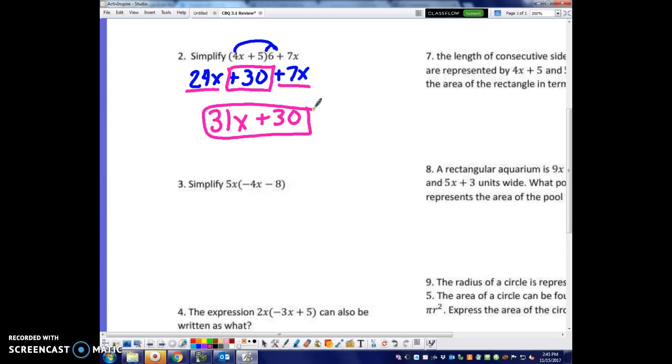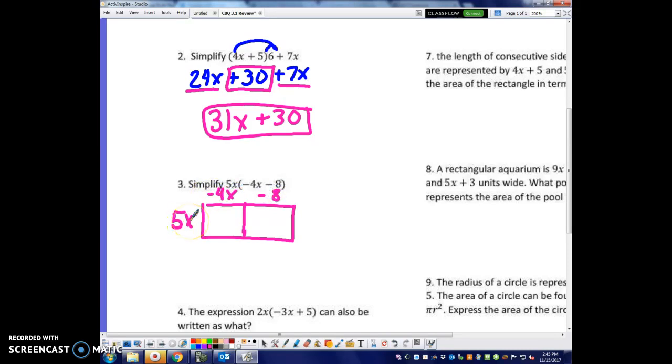Easy enough. Next one, I want you to simplify this. Now some of you like the box method, so use it. This will be a 1 by 2. Okay, so you'd have 5x on the outside, negative 4x minus 8 on the inside. Oh wait, no, sorry, not on the inside. On the top, sorry. I've been in dividing mode. Negative 4x minus 8 on top because you're trying to multiply.